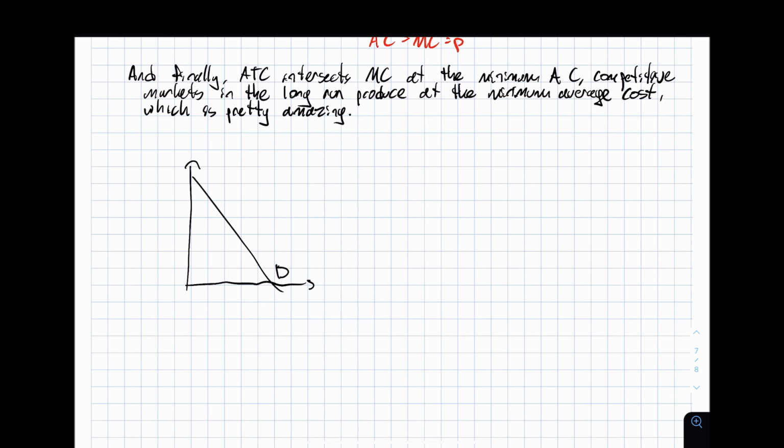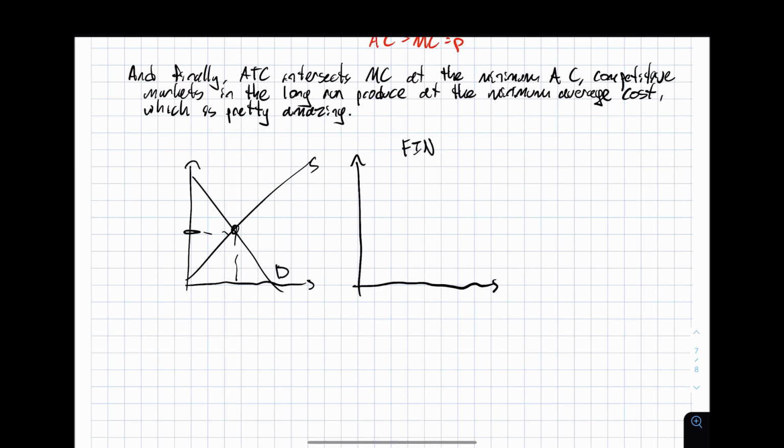We have our demand curve and our supply curve. We intersect them to give our price. And here we have the firm. And we have our price, which is our marginal revenue curve.